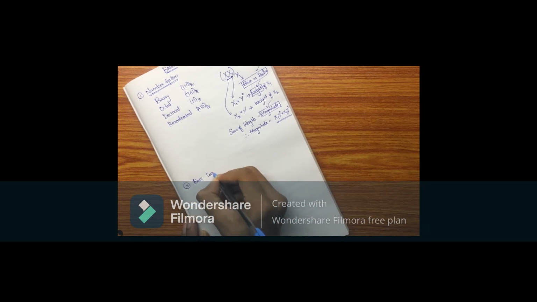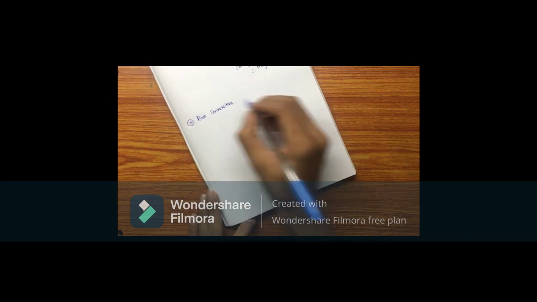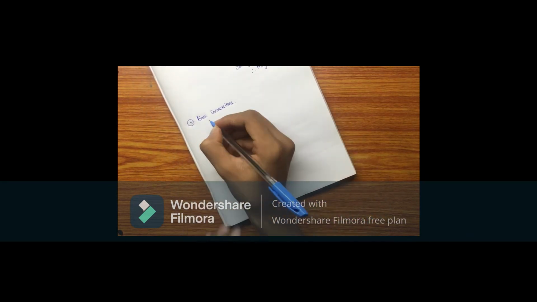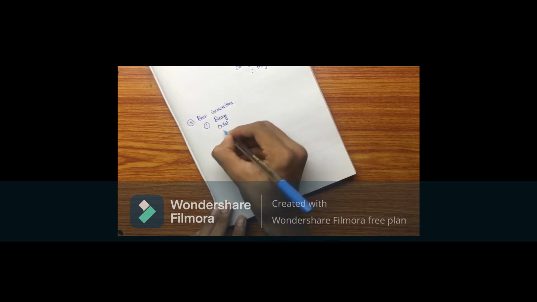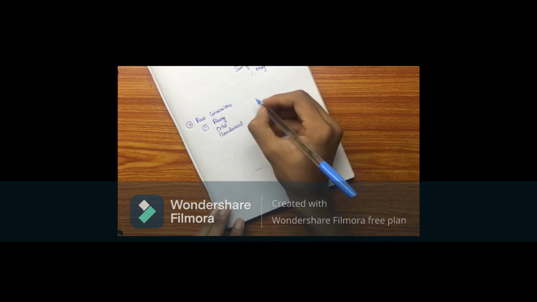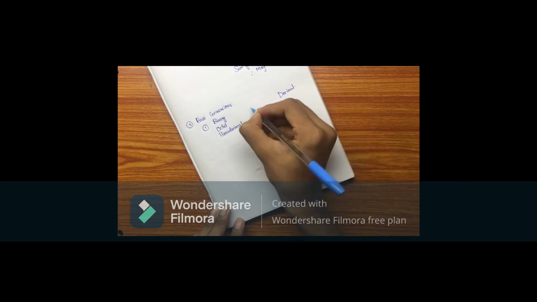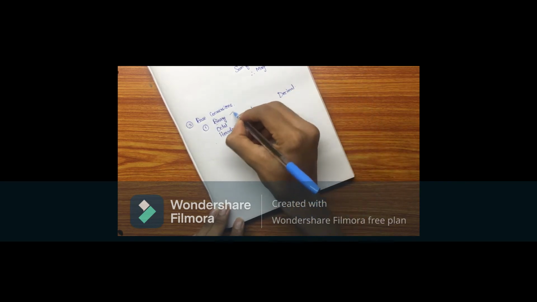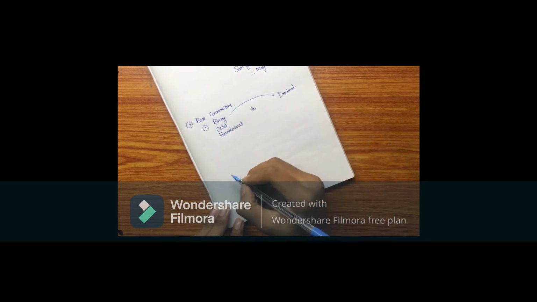Base conversions. In base conversions, I have simplified this in two ways. The first is binary, octal, hexadecimal to decimal: binary to decimal, or octal to decimal, or hexadecimal to decimal.